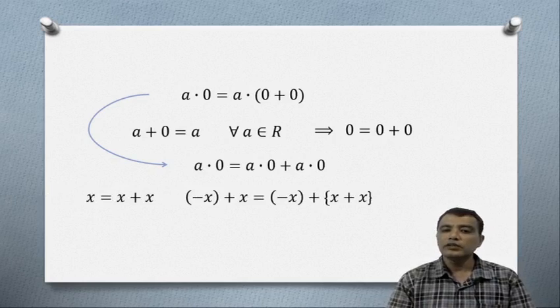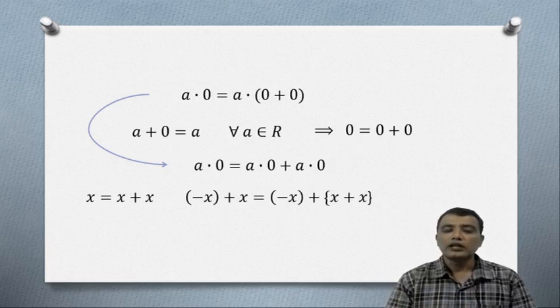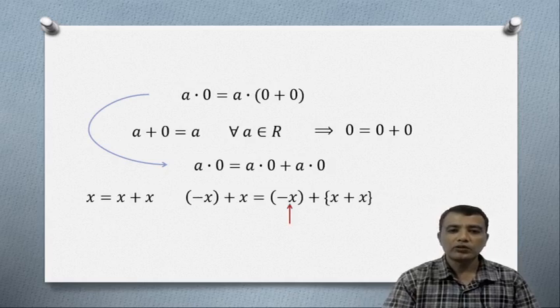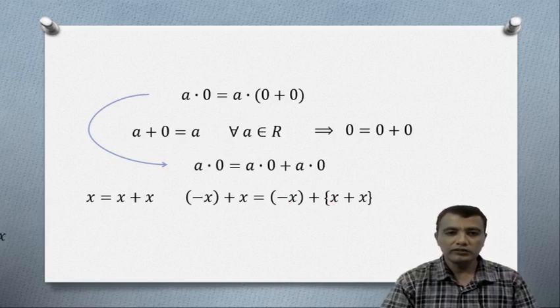So now on the right hand side, use associative property to combine this minus X with this X. So when we combine X with its additive inverse, what do we get? We get 0.